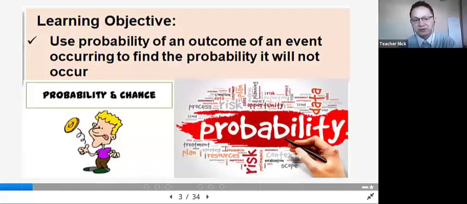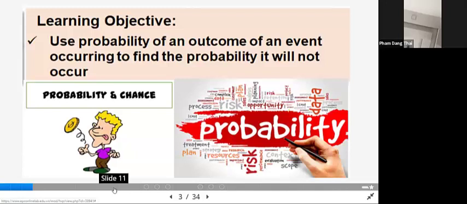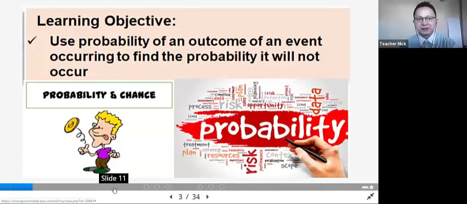Can you tell me what is occur or occurring? What do you mean? Happen. Yes, happen. Use the probability of an outcome of an event happening to find the probability it will not happen. All right.